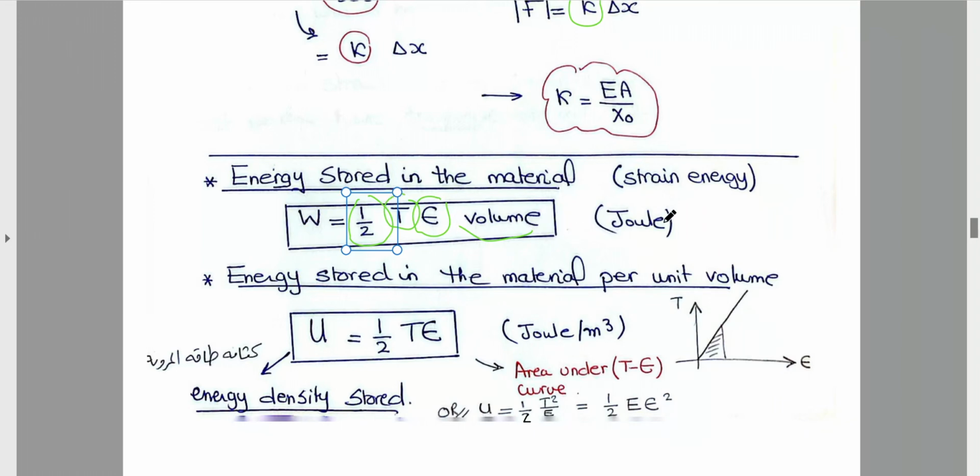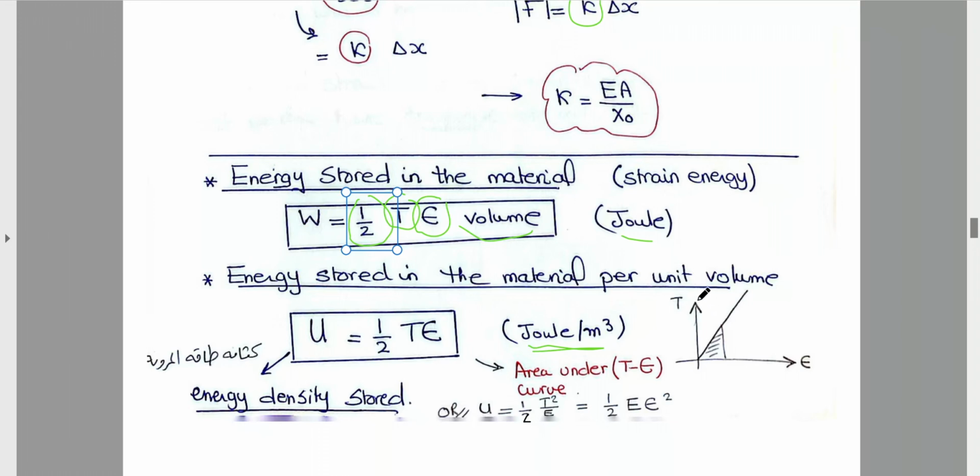This energy is measured in joules, but I am interested in the energy density stored. The energy density stored means energy per unit volume, so joule per meter cube. Divide the energy by the volume, so you will get rid of this term. The energy density stored is half stress multiplied by strain.